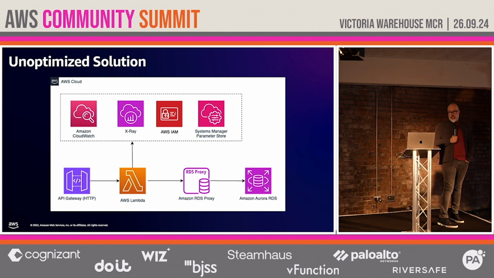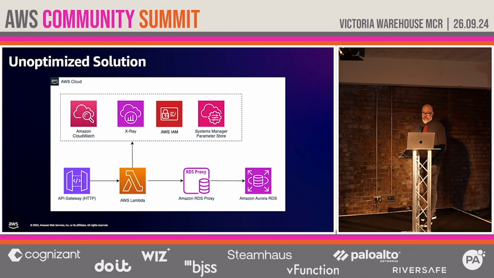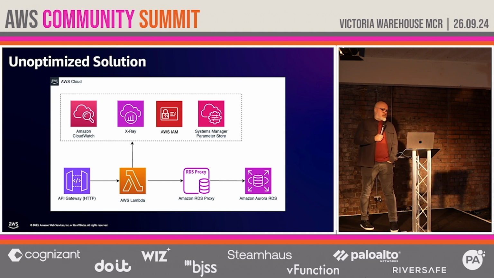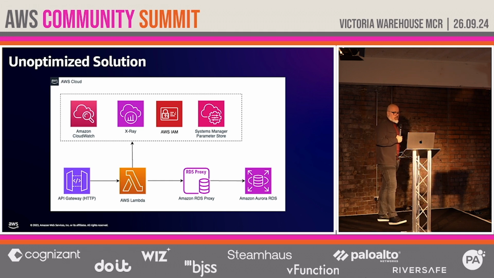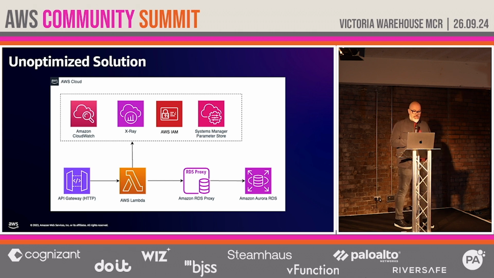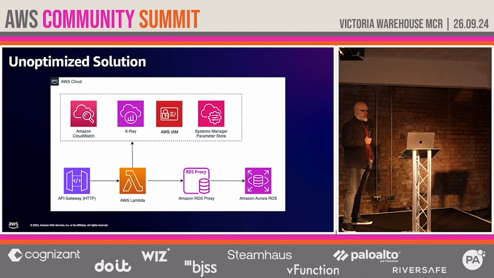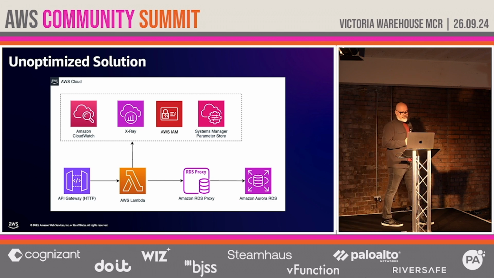Then I have a bunch of other stuff that I rely on, so a bit of observability. I have X-Ray for distributed tracing. I have CloudWatch for logs and metrics, and obviously IAM. And then I also want to store some information in Parameter Store because I want to tweak the behaviors of Lambda on the fly.